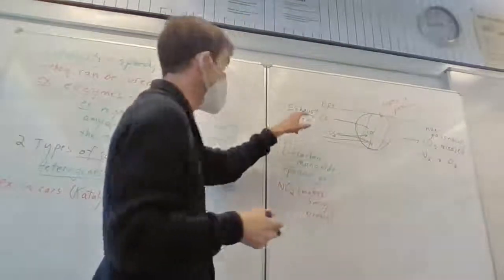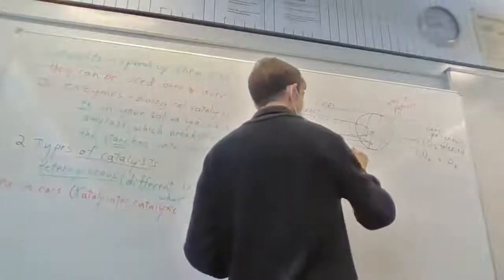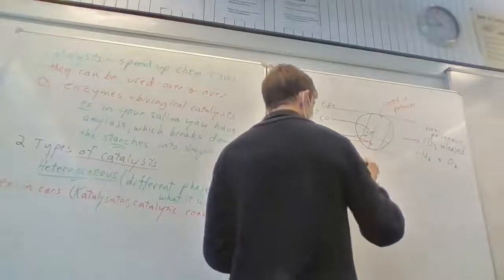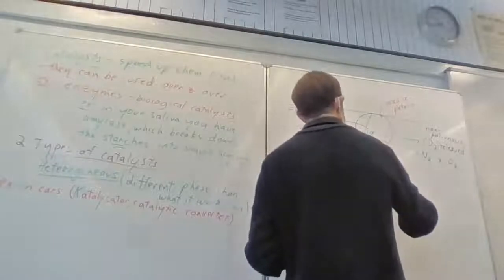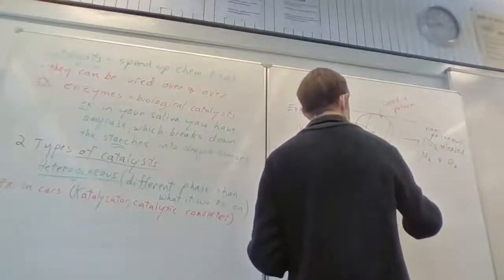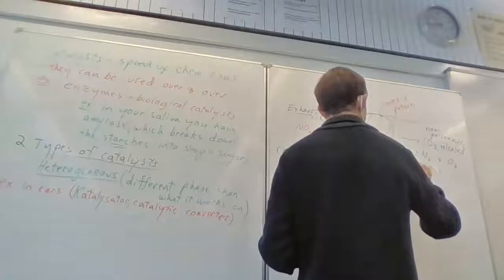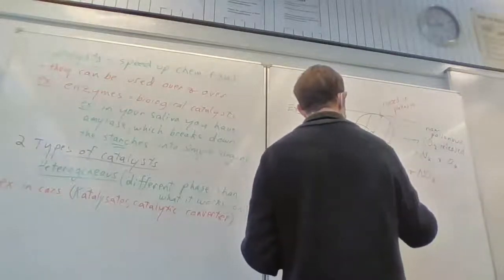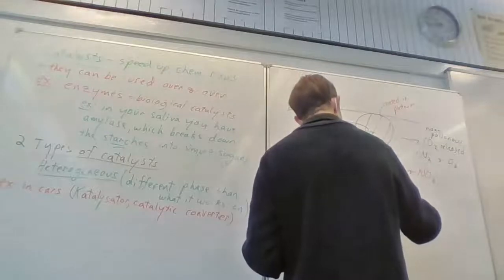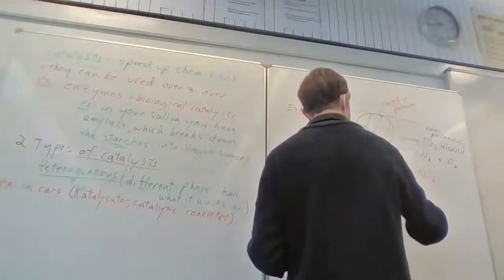So the platinum, Pt, can we write that? I bet you know what that is. That's platinum, right? The symbol for platinum. Pt allows CO and NO2 to break up easier.